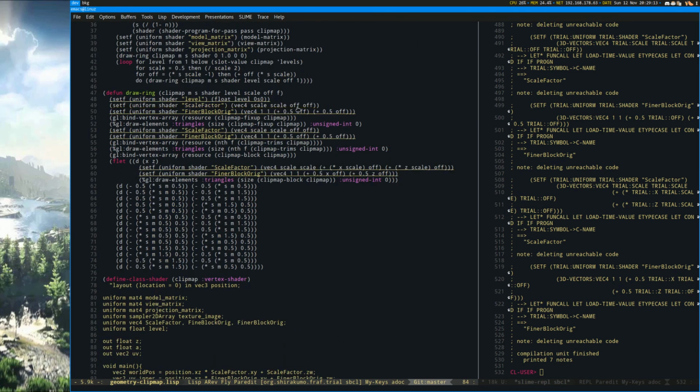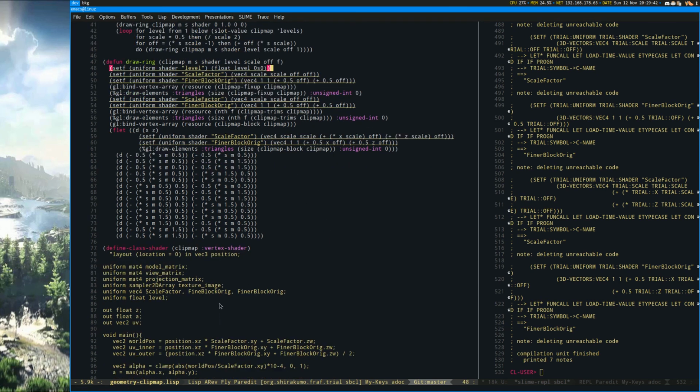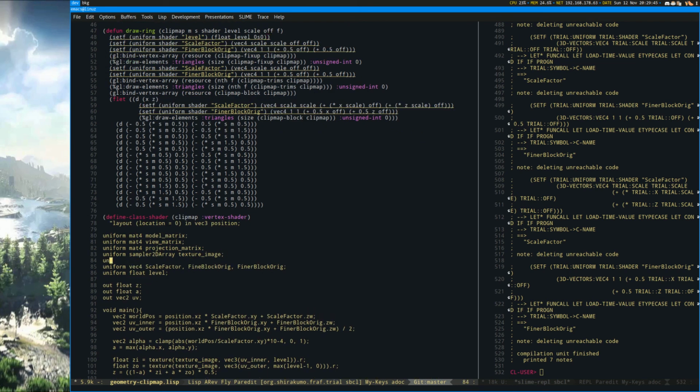So, we have a scale and an offset. That should be 0.5 off. Uniform float scale.